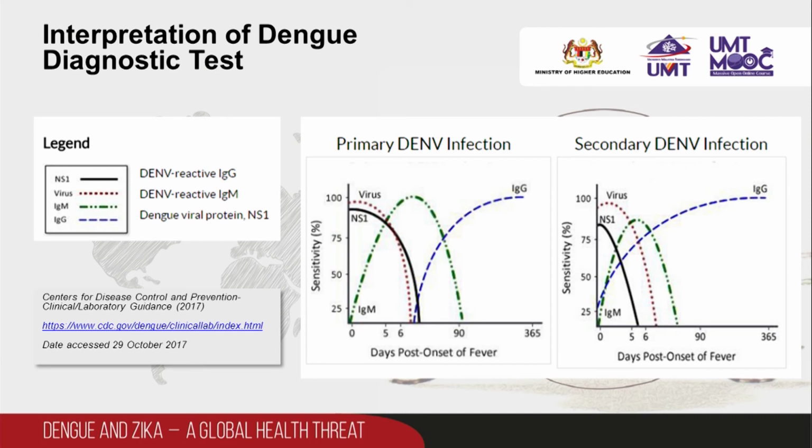A primary dengue infection is characterized by a slow and low titer antibody response. IgM antibody is the first immunoglobulin isotype to appear. Anti-dengue IgG is detectable at low titer at the end of the first week of illness and slowly increases.